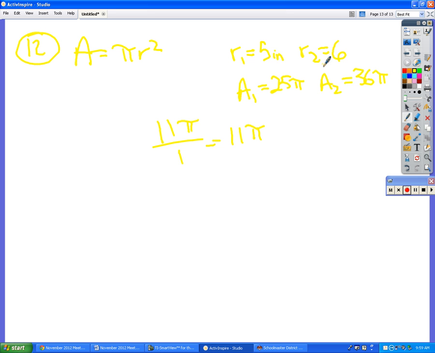Inches, okay. So that's inches and that's inches, which means that this is square inches, or inches squared. So that means that this would be inches squared divided by inches, right? And so one of the inches would cancel and it would be back to inches again. So it would be 11 pi inches.